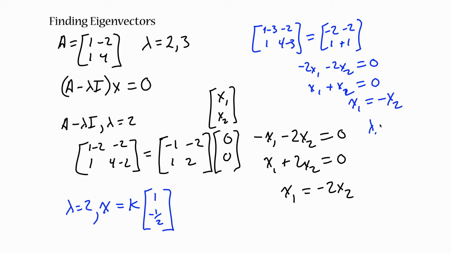So if lambda is equal to 3, x can be any vector of the form 1, negative 1.